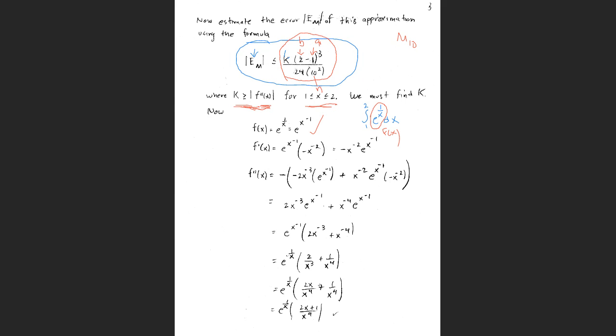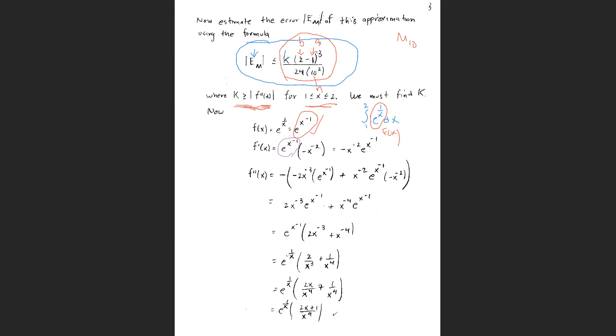And now I'm going to find the first derivative. So of course, the e to the power of x to the negative first, we're going to use the chain rule to differentiate that. And the exponential function is the outer function. So the derivative of e to the x is e to the x. So using the chain rule, we get e to the power x to the negative first.